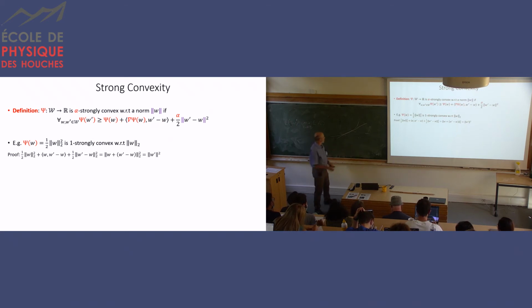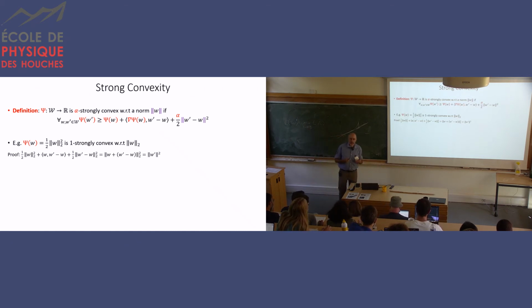So these are the first two terms, which just say it's convex. A function is convex if it's always greater than its linear approximation. But not only do I want it to be convex, I want it to be bigger by this term that scales with the distance between w and w prime. So what you should have in your mind, the simplest example of a strongly convex function, is the squared Euclidean norm, which is strongly convex with respect to the Euclidean norm itself.